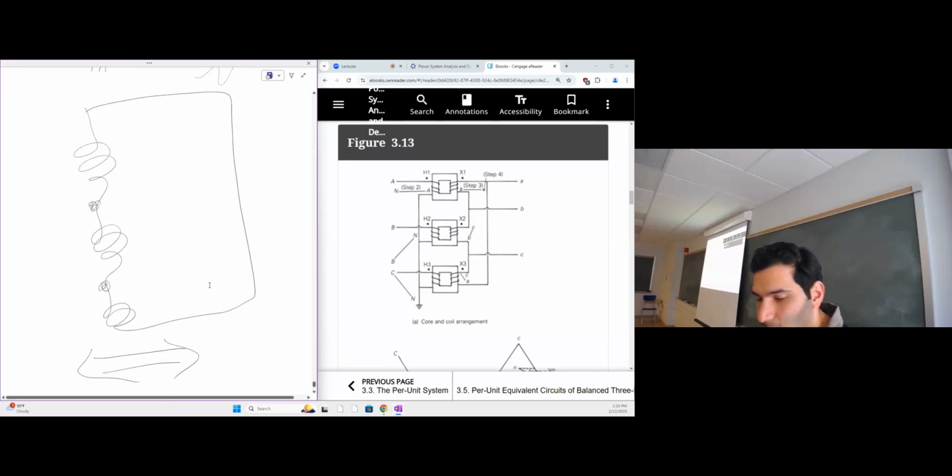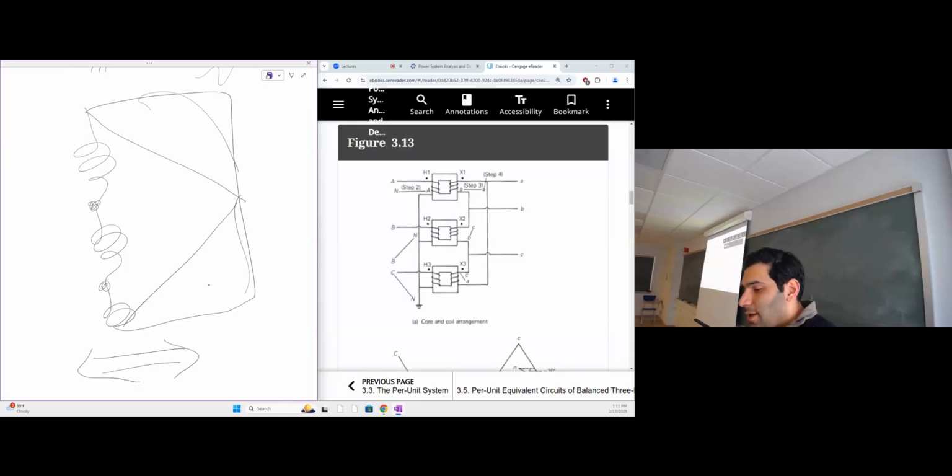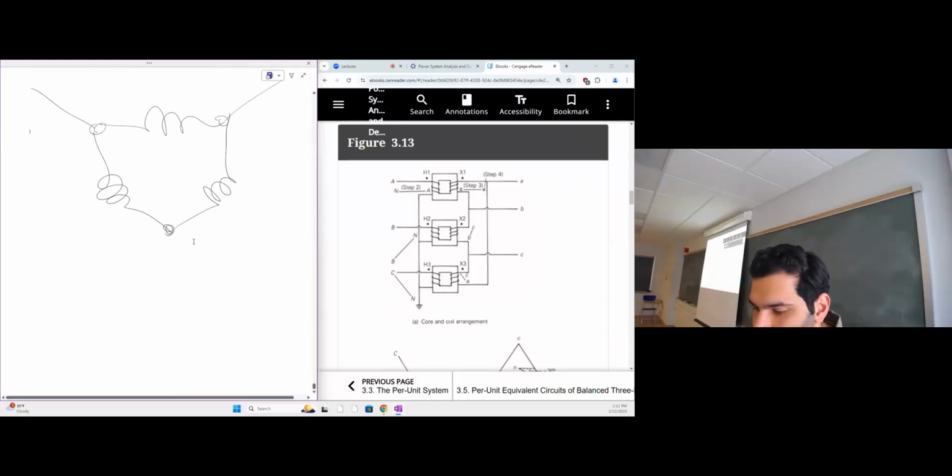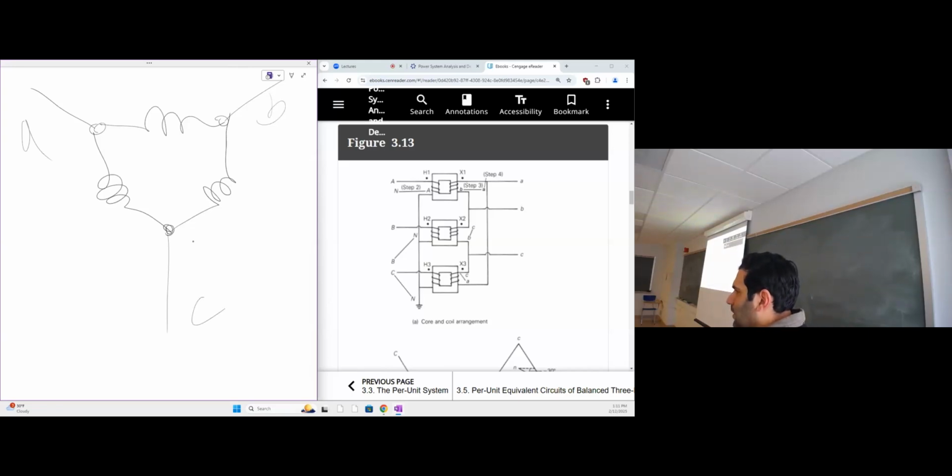We don't care. This is all a line. If I make it like that instead of this, it's still the same line. Then other than that loop, I can see a connection for A, a connection for B, a connection for C. Those outer connections are A, B, C. So I think now the connectivity is clear to everyone. Okay?